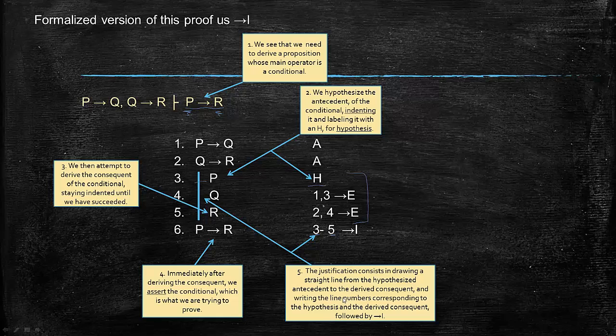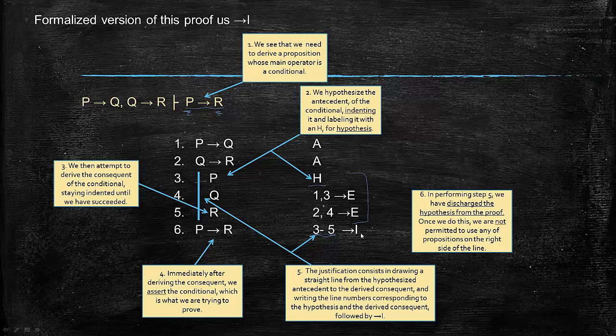And then the justification of writing this conditional is that we draw this straight line. That's part of the justification. And that we write the initial hypothesis and the derived consequent line numbers right here, followed by conditional introduction.